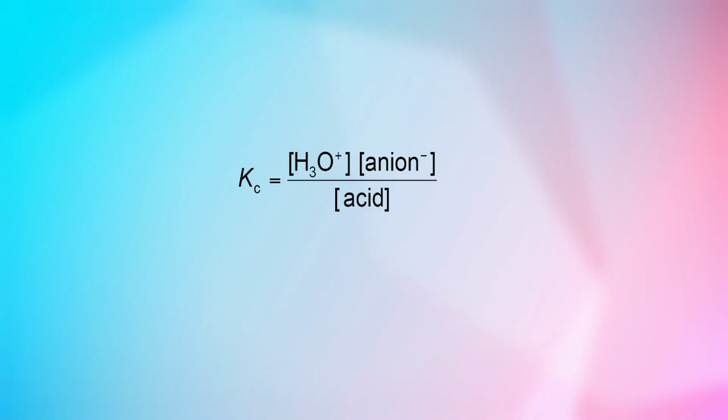So, whenever you have equilibrium reactions for these sort of acids, we have the same form: the hydrogen ion concentration times the anion concentration of the acid, that is the products, in the numerator, and the denominator has the reactant.